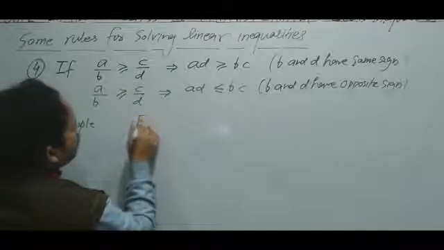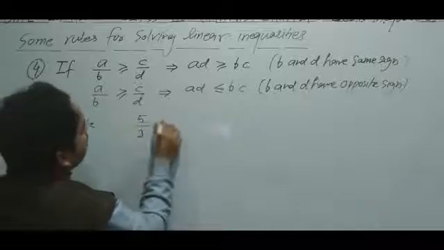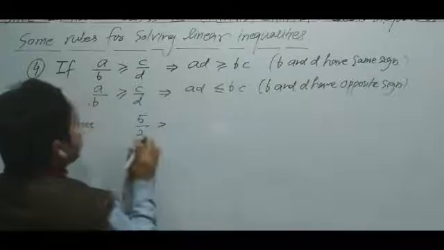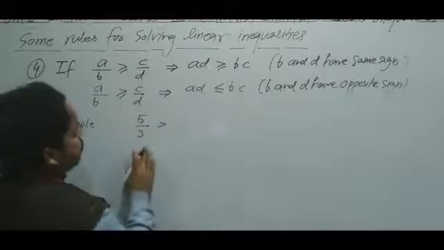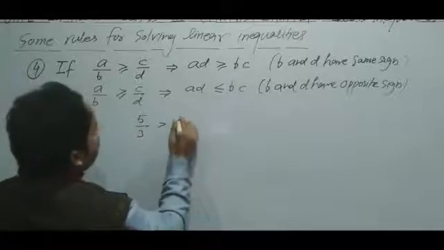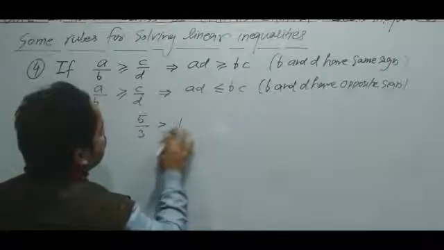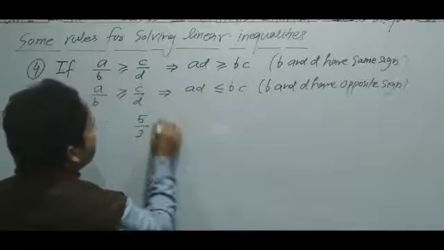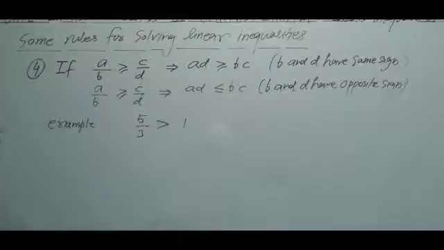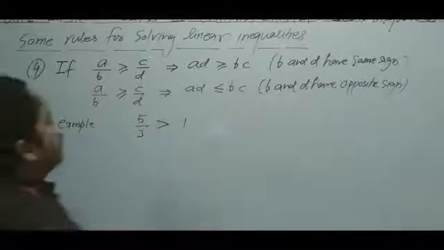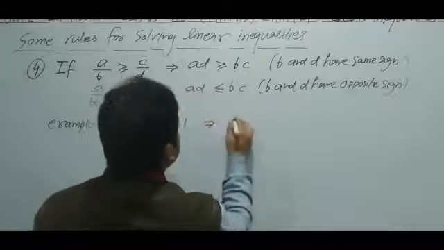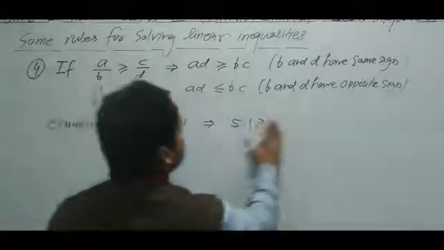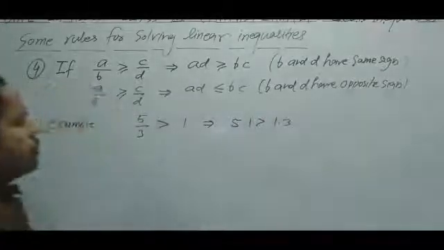Suppose 5 by 3 is greater than 1. This implies we can write 5 into 1 is greater than 3 into 1 when you cross multiply.